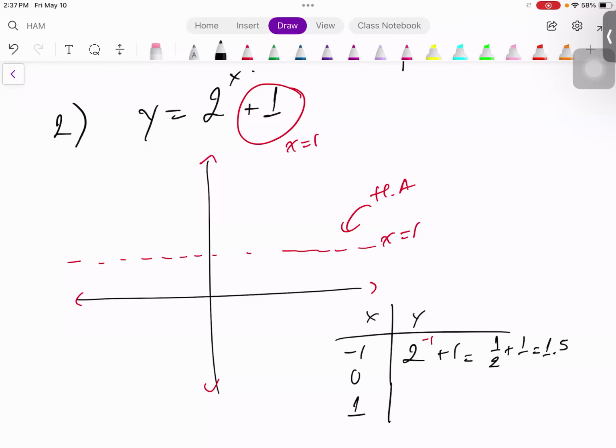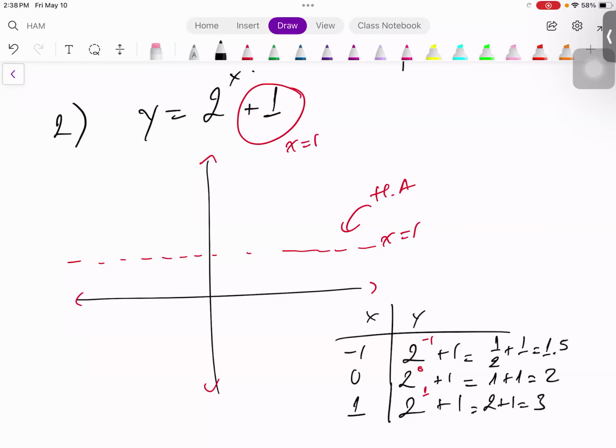Okay. 0. So 2 to the power 0 plus 1. Everything to the power 0 is 1. 1 plus 1 is 2. Now 2 to the power 1. Oh, you add 1. Okay, got it. So 2 to the power 1 is 2. 2 plus 1 is 3.